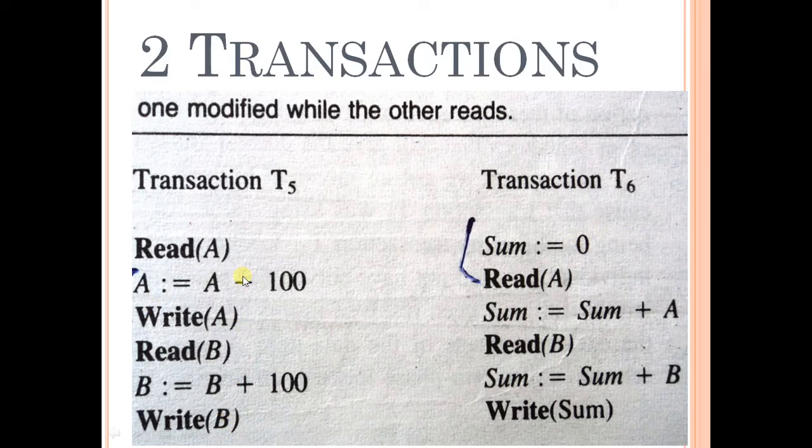If this executes first, then T6 will read 400, read 1100, and the sum will be 1500. However, if T6 executes first before T5, then again A will be 500, B will be 1000, and the total will again be 1500. So whatever is the case, the total will always come the same.